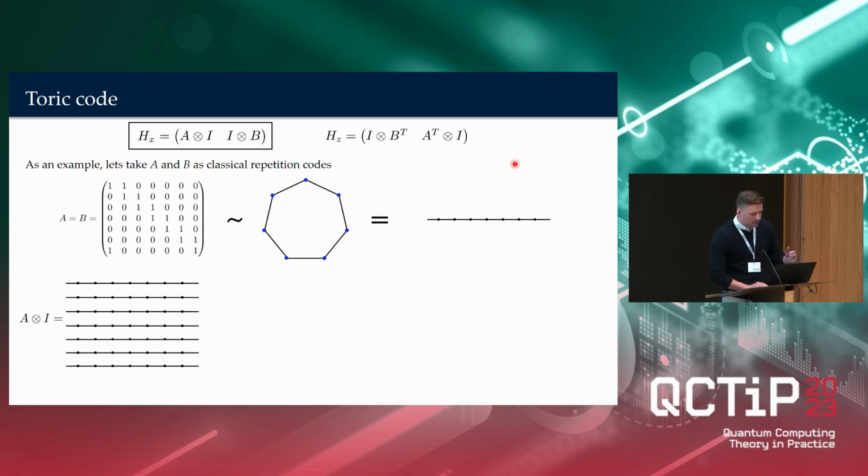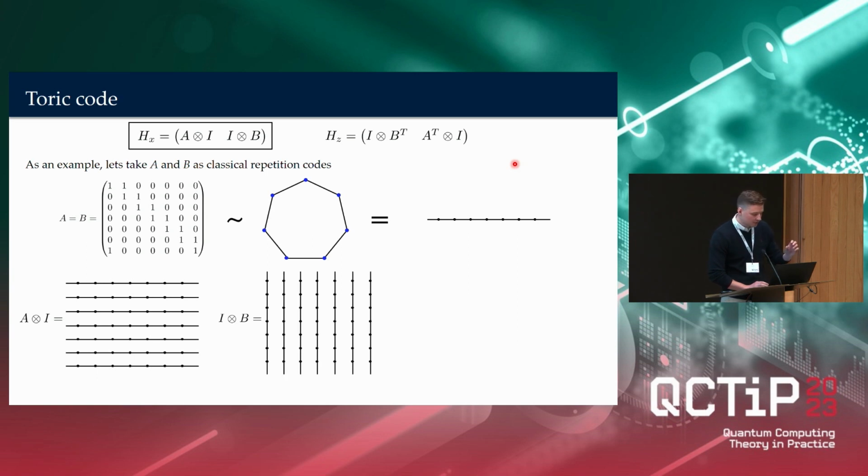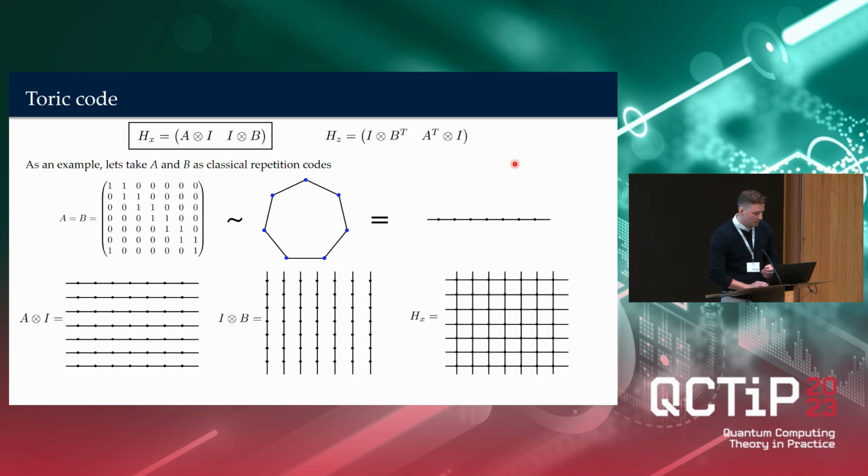For the second part of this parity check matrix, we do the same, but we are swapping the order, so it ends up something like this. And once we put them both together, we obtain the parity check matrix, this grid-like structure that many people associate with the surface code, or in this case, the toric code, because we have the opposing edges identified.